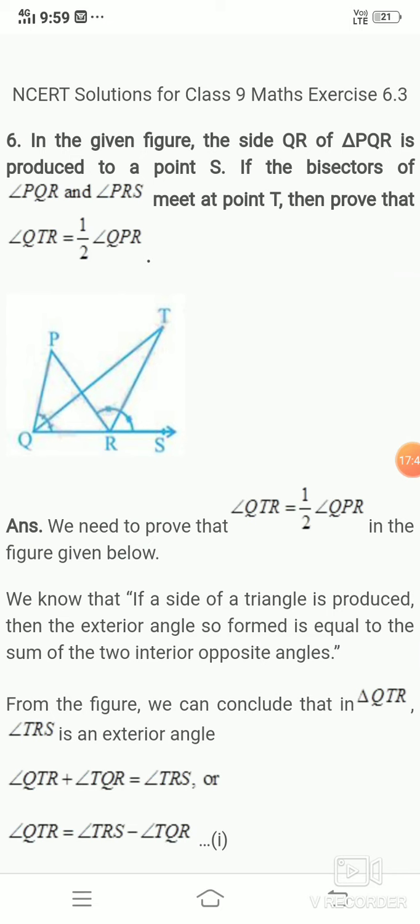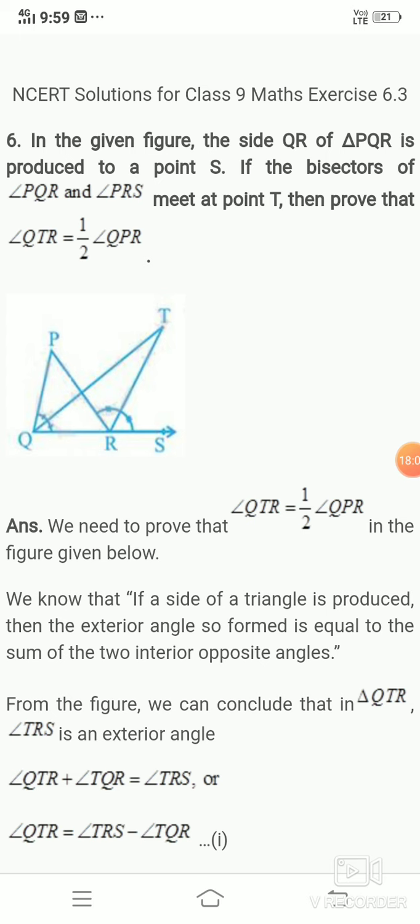In this problem you considered two triangles, one is QTR and another one is QPR. In QTR you write the exterior angle sum property: the exterior angle equals the sum of the two opposite interior angles. Similarly, in the triangle QPR, write the same thing.